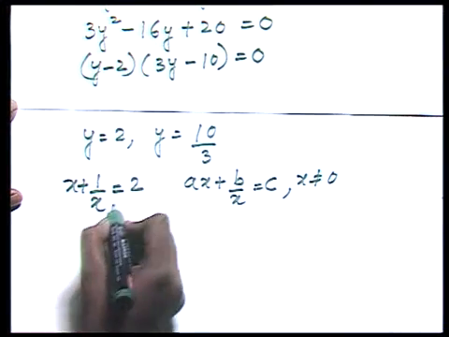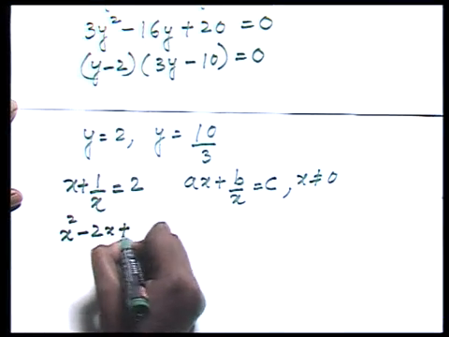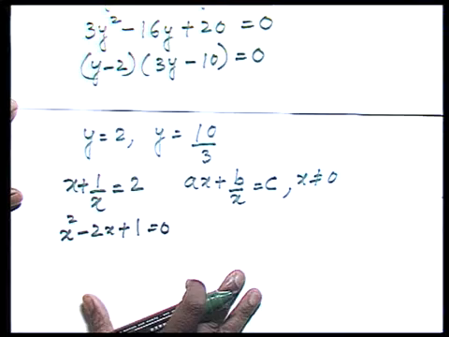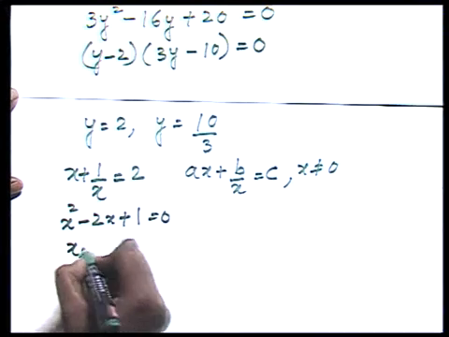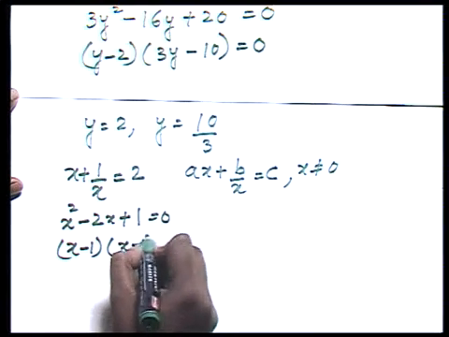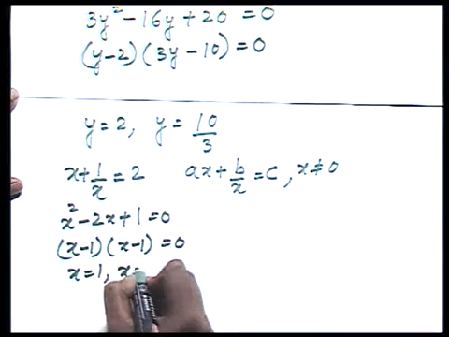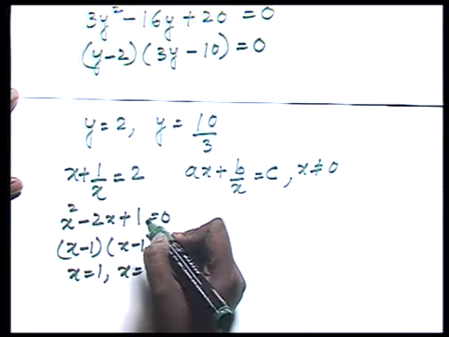Now, solving this equation, we get x square minus 2x plus 1 equal to 0. The factors of this equation will be x minus 1 into x minus 1 equal to 0, or we get x is equal to 1, x is equal to 1, that means we get real and equal roots.